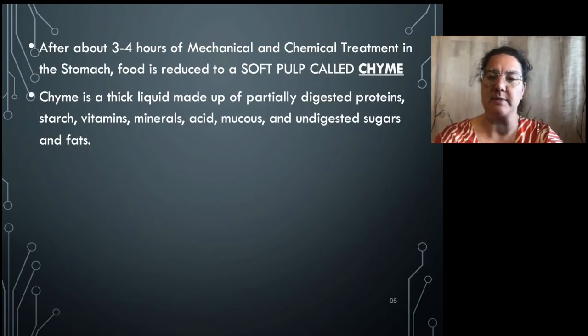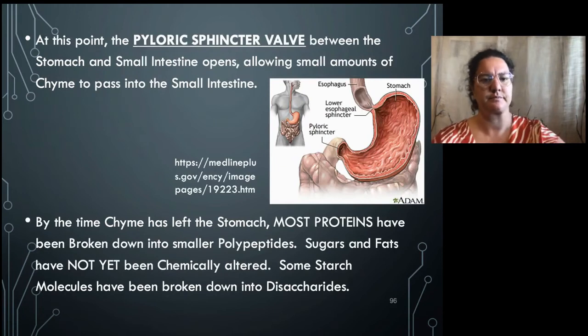So after food has been in your stomach for about 3 to 4 hours, it's reduced to a soft pulp called chyme. So this is a thick liquid made up of partially digested proteins, starches, vitamins, all the things that we had eaten, partially digested, mixed in with those gastric juices.